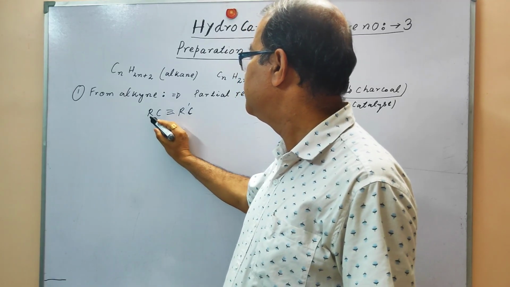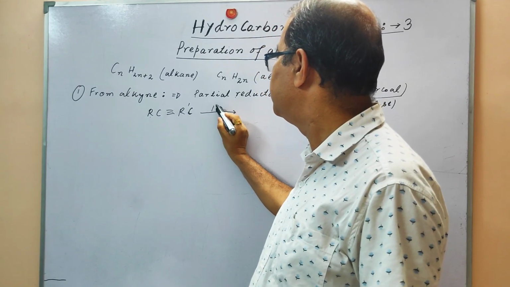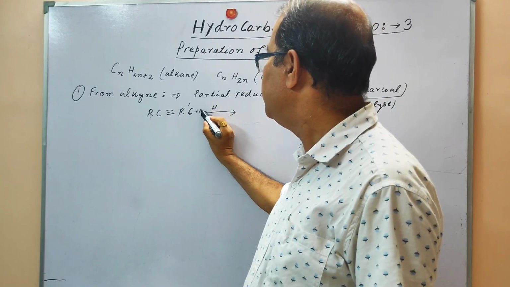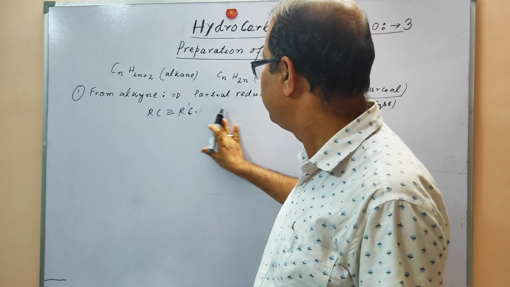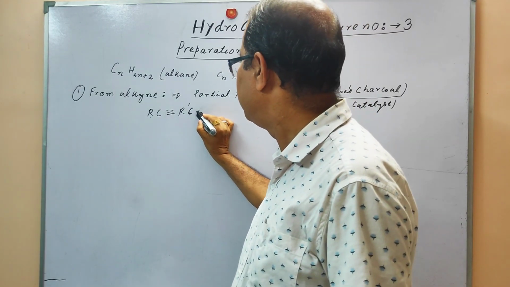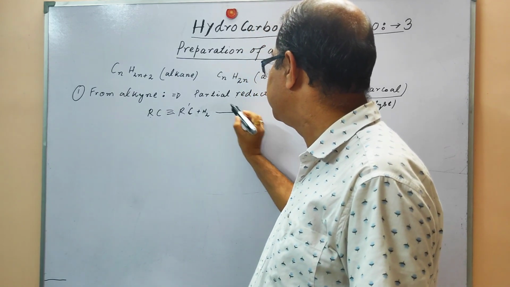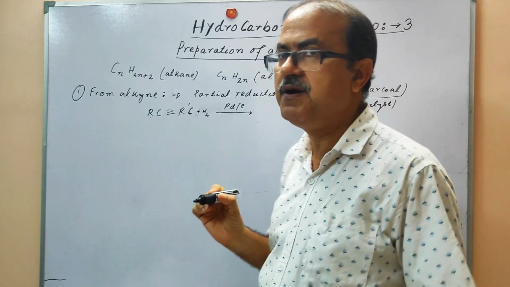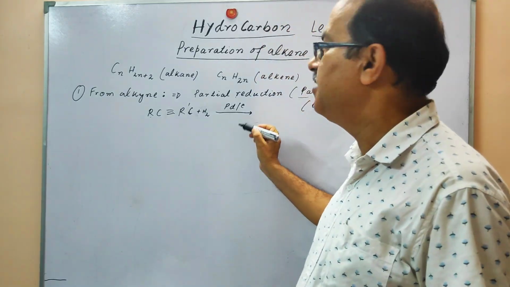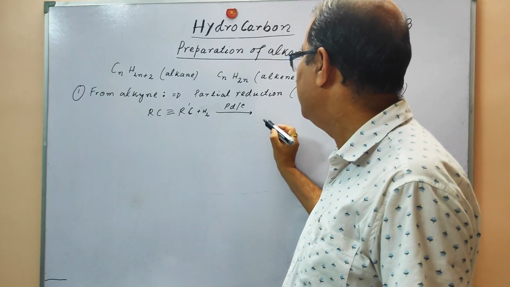We are taking this one group and this is another group, where it is plus H2O, in presence of palladized charcoal, that is being represented by this. It is palladium, basically palladium, and C means charcoal.